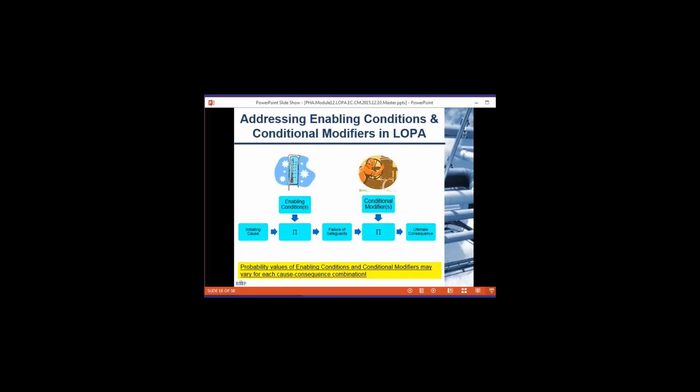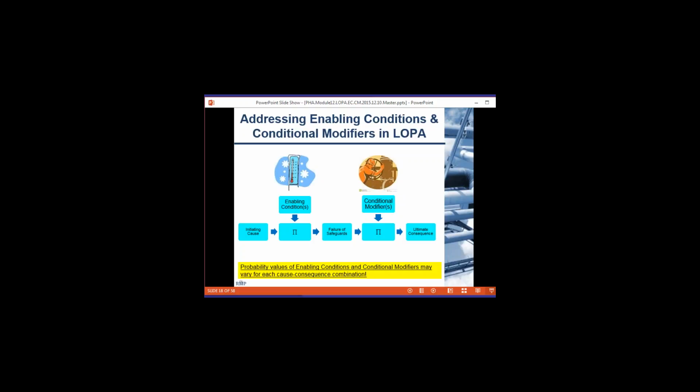Different people approach LOPA differently. Some people stop at the primary loss event, they bin these things, and they look at all the scenarios that lead up to that. Most people take LOPA over to its ultimate consequence: equipment failure, environmental damage, or personnel injury, or even a fatality, and pull together the conditional modifiers that buffer the primary loss event.